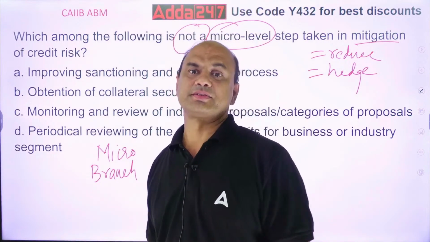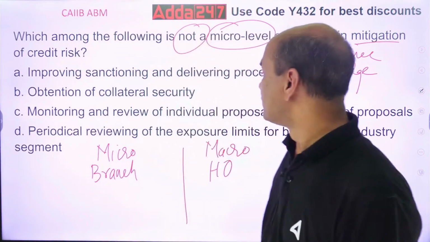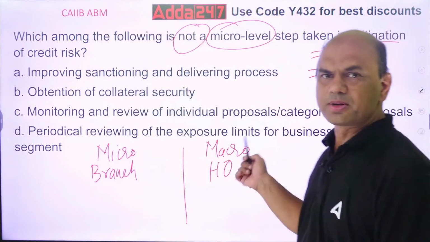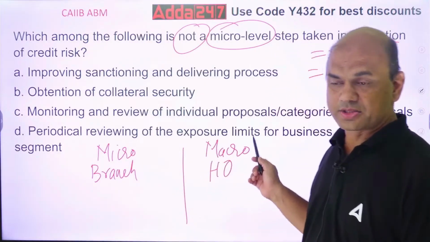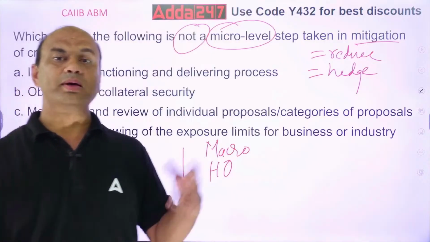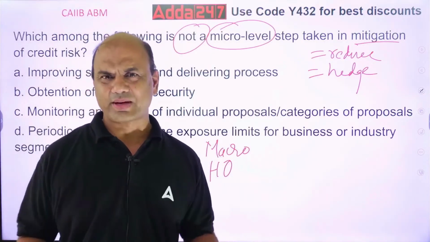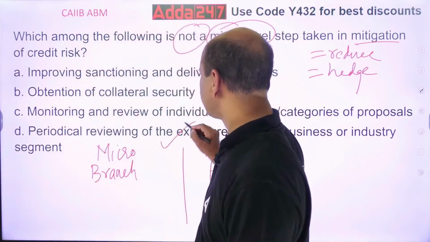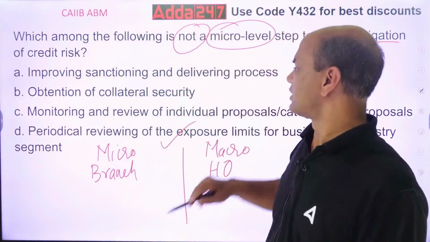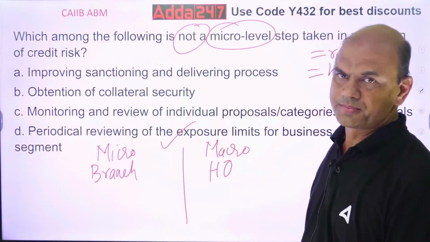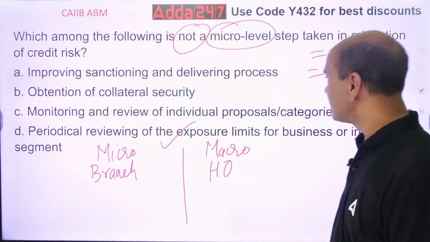Covering the risk. So, look at this. Review of exposure limits for the business. This is a part of HO. Will this be done at HO level or at a branch level? The overall banking portfolio. Will a branch do this? No. So, this is a part of macro, not micro. Got it? Clear?